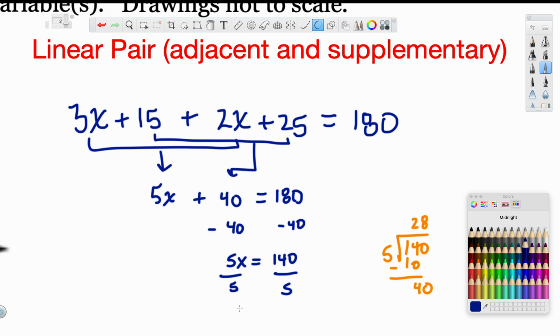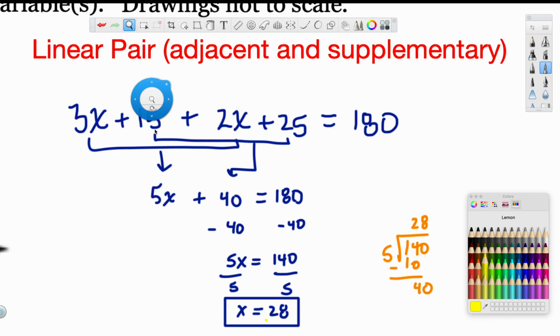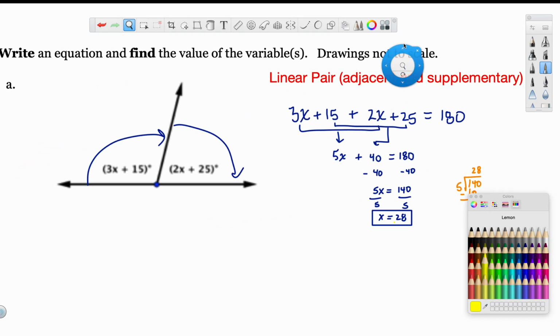So my answer, x equals 28. Let's put that back into the equation and check it. So this one right here, we got 3, substitute 28 in for x, plus 15. And this one here would be 2 times 28 plus 25.